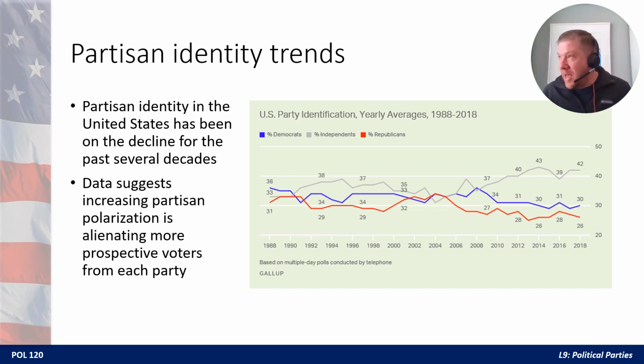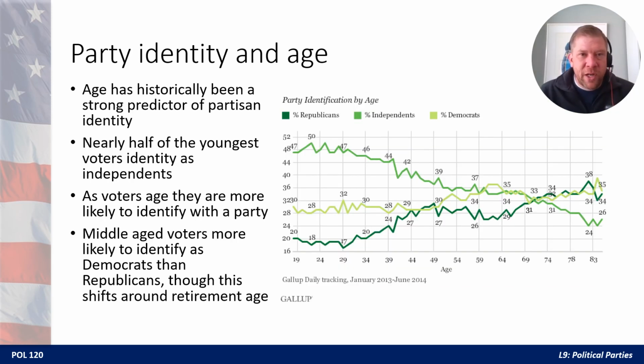What that means is that the policies that are discussed and brought up tend to be very extreme, and they aren't reflective necessarily of the needs of the general population. Political scientists would argue that that's what's driving people to be less likely to align with political parties.